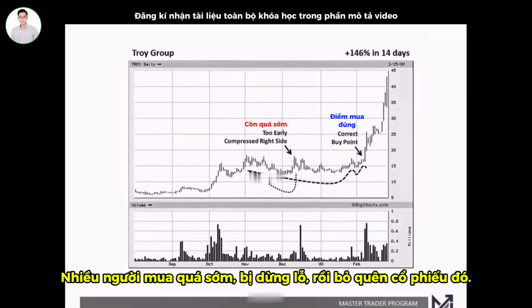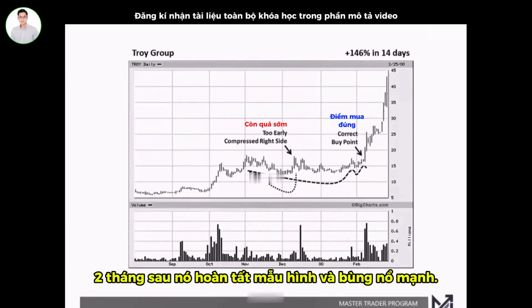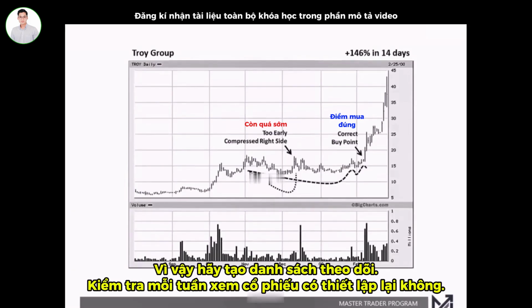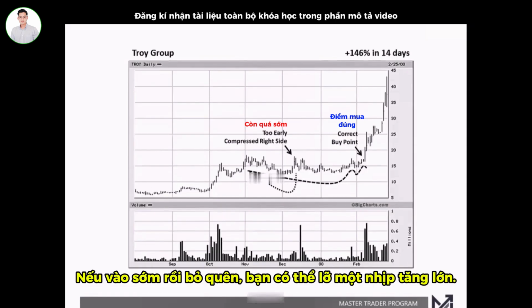Maybe you bought it and then you took a loss on it, and you said, I don't want to pay any more attention to this. And then you forget about it, and 2 months later, the thing breaks out and has this huge move. That's why you should have a list, and on MarketSmith, you can create all sorts of lists, and you check them every week to see if it's setting up again. Because boy, if you had been on the stock too early and then forgot about it, look at the move that you would have missed.